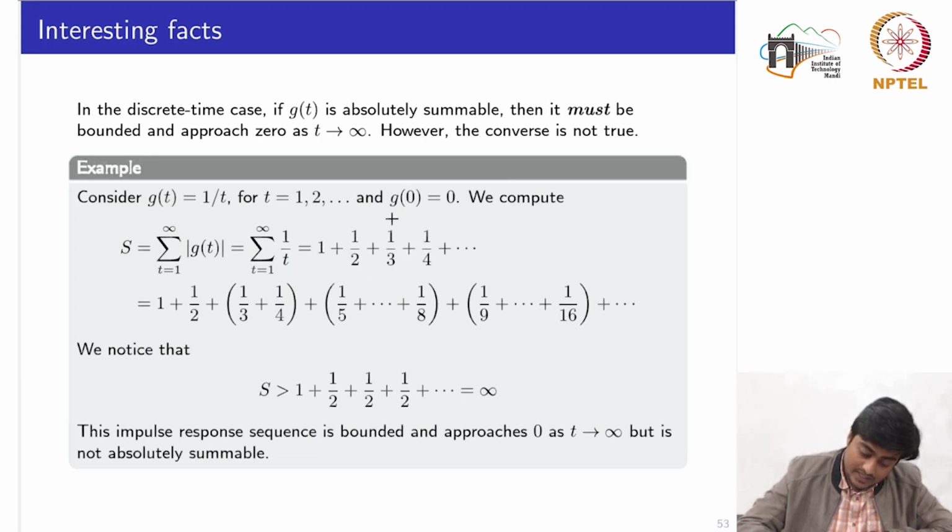Now if I start clubbing the entries of this summation, 1 plus 1 by 2 would remain as it is, plus if I combine these two parts, this part would be greater than 1 by 2. You could see that it would give me 7 by 12.